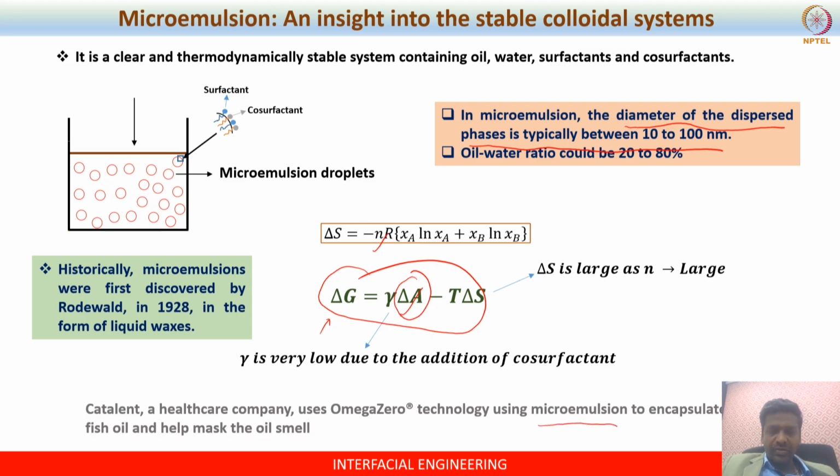Here the product is sold in the form of a microemulsion, used to encapsulate fish oil. Basically, it helps mask the oil smell. Likewise, microemulsion is used in formulations, especially in drug delivery applications.